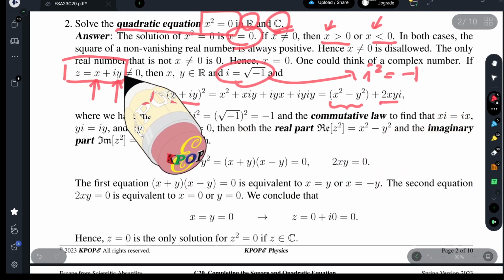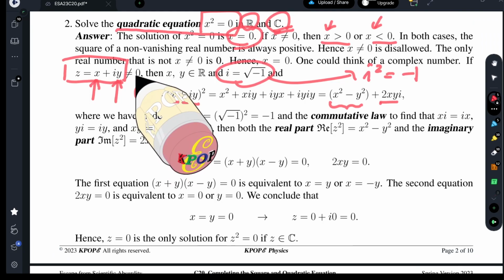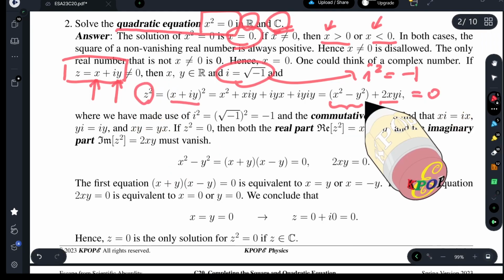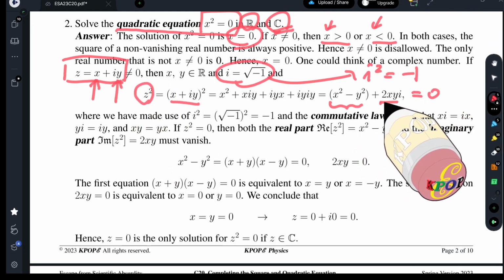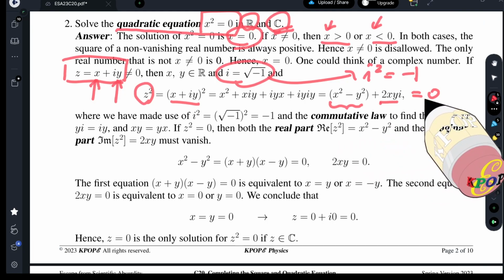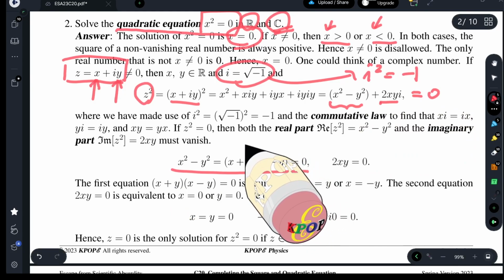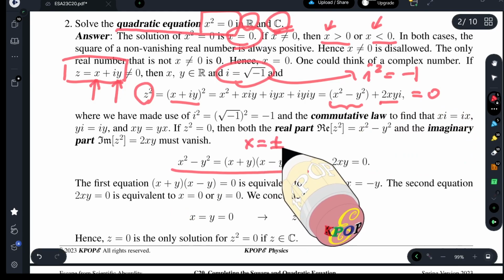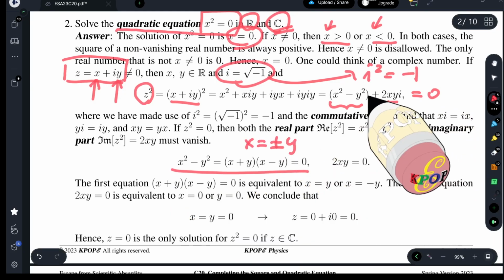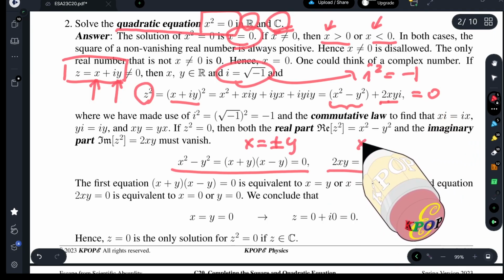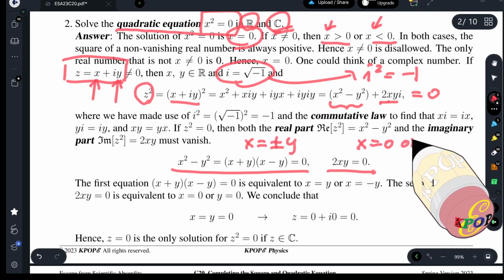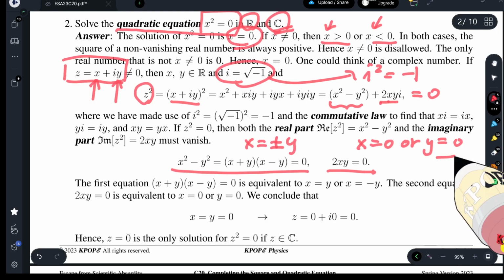Now if it is 0, then both the real part and the imaginary part must be 0. The real part equals 0 only if x equals plus or minus y. The imaginary part is 0 if x equals 0 or y equals 0.